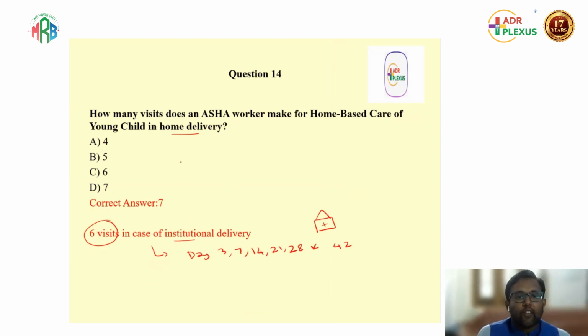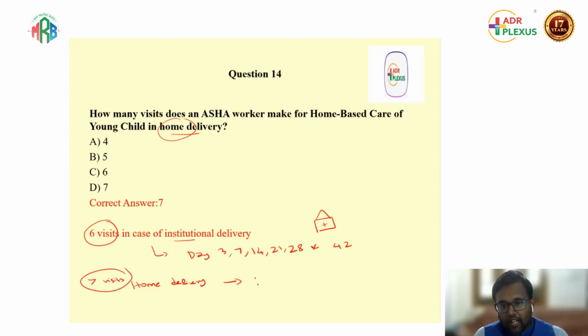In case of home delivery, there will be 1 additional visit, so it will be 7 visits. You just have to add day 1: day 1, 3, 7, 14, 21, 28, and 42.